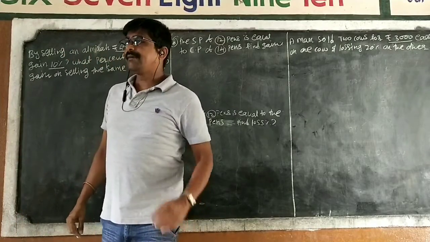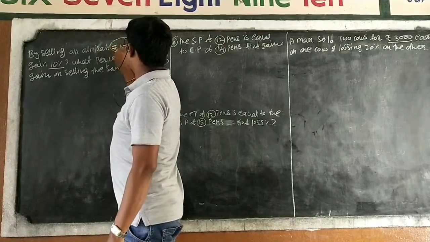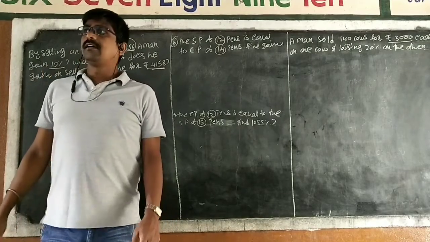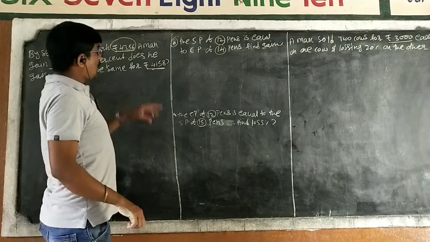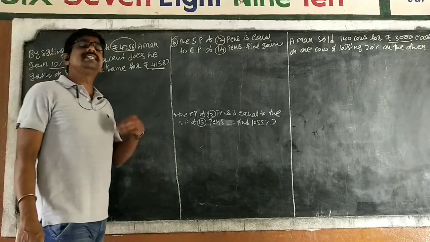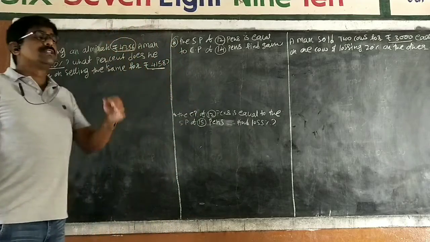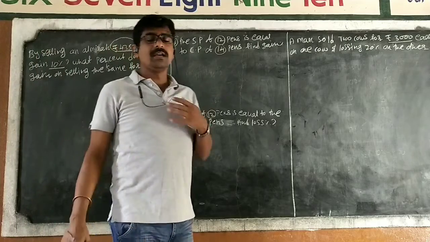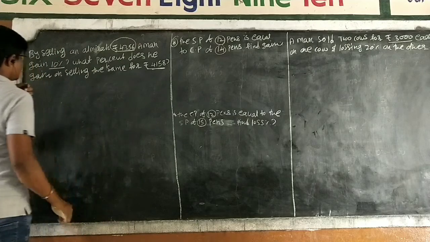Actually, a man sold his almirah for 4,356 and got 10% benefit. So if he sold the almirah for 4,158, how much is the gain percentage? First we have to find the cost price.